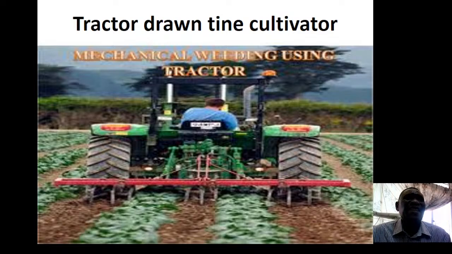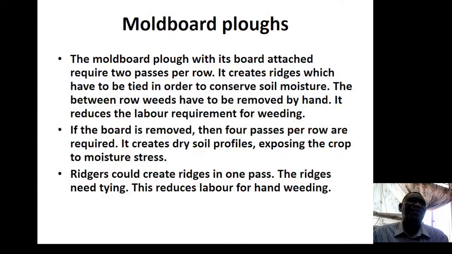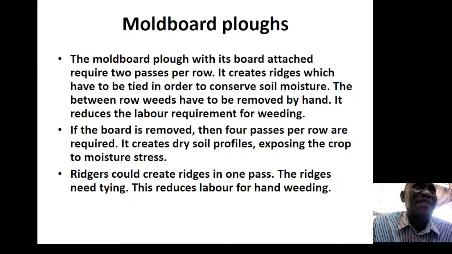Tractor drawn tine cultivator, which is targeted to small areas. We can also use mold body plows to remove weeds. We use it with the board attached, and it can require 2 passes per row.